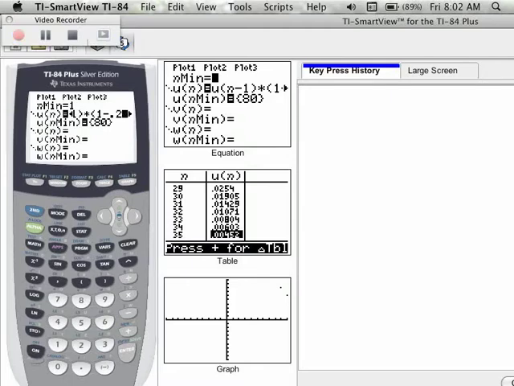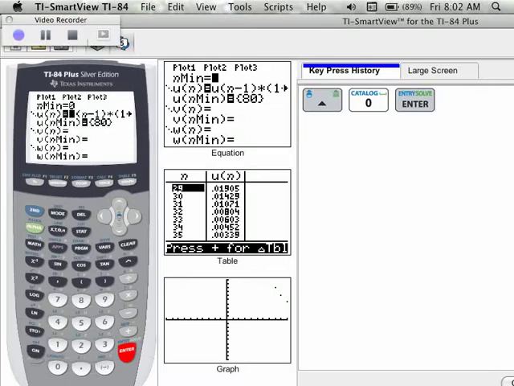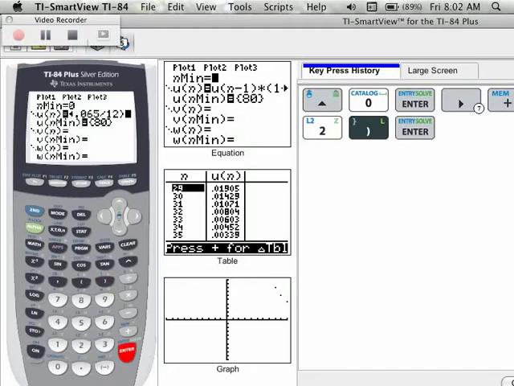For money, oftentimes we just use a 0. And it's always u of n minus 1 stuff. Now what we're going to do is change this to 1 plus 0.065, because that's 6.5%, divided by 12, in parentheses. And what was my beginning value? 500?